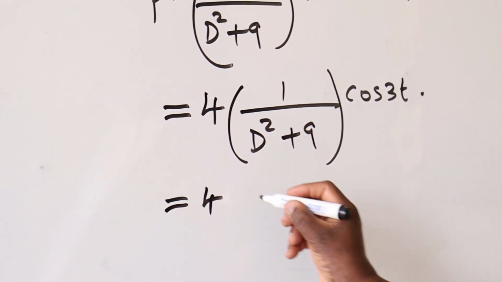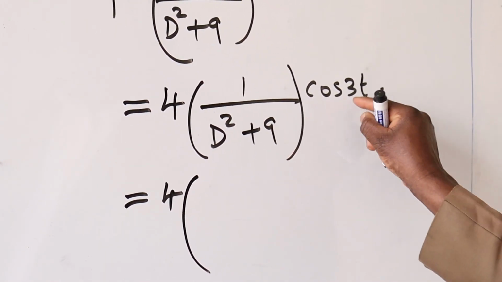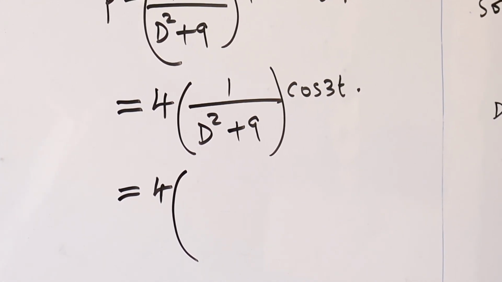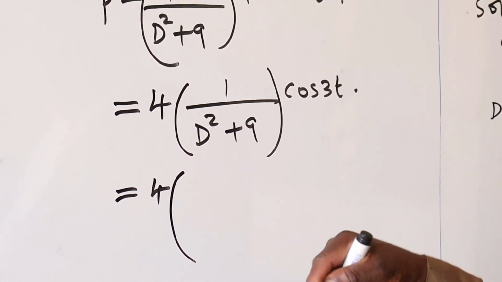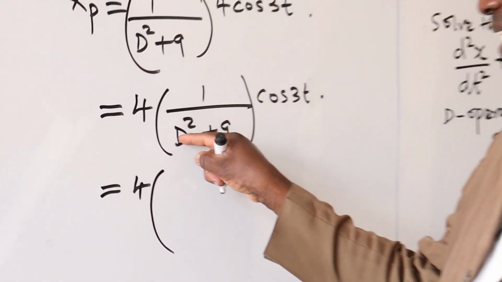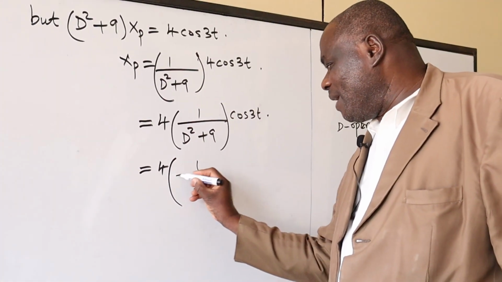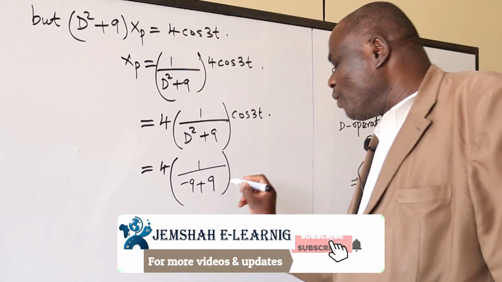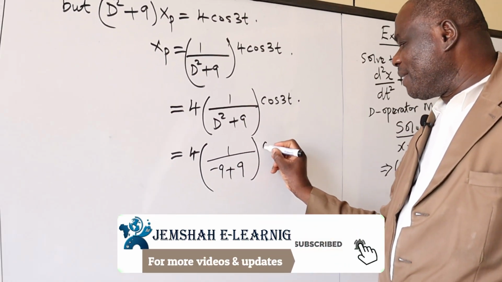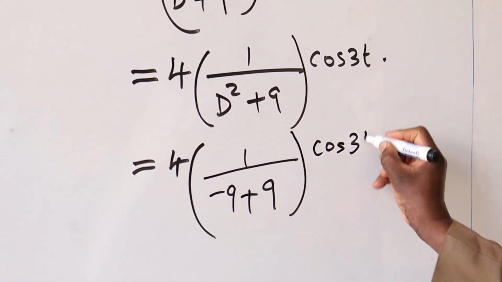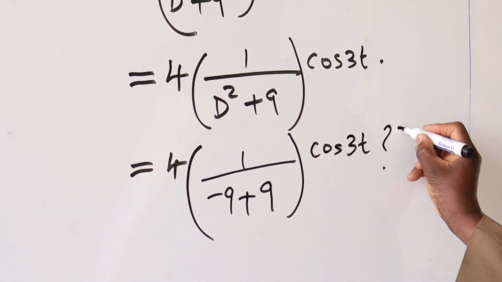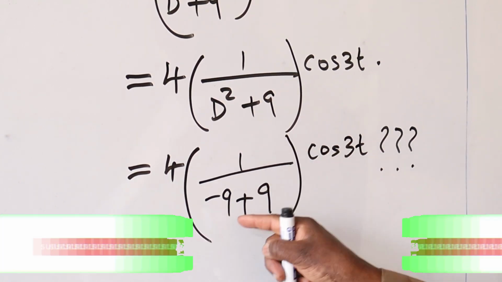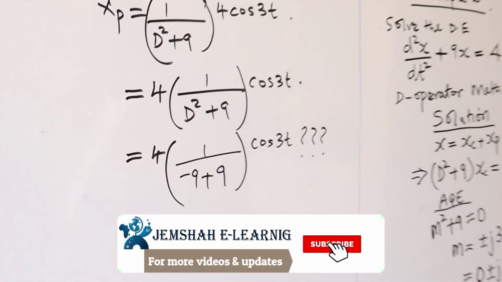If we apply Theorem 3, our a here is 3. You square it, you get 9. Give it a negative sign so that you substitute where there is D squared. It will be 1 all over negative 9 plus 9, which we now multiply with cos 3t. And this one cannot happen, because 1 over 0 is undefined.